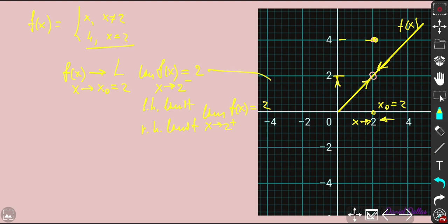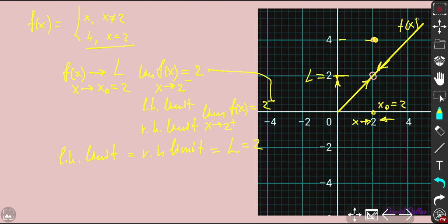Hence, the left-hand side limit and the right-hand side limit are the same, so we can say the limit equals L, which is 2. In our case, the limit of the function near x0 equals 2 is L equals 2.